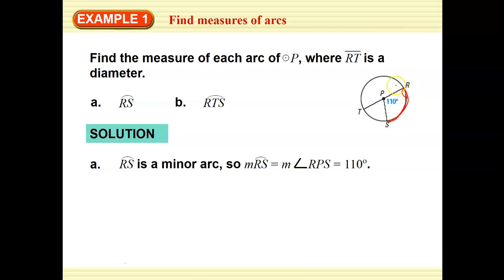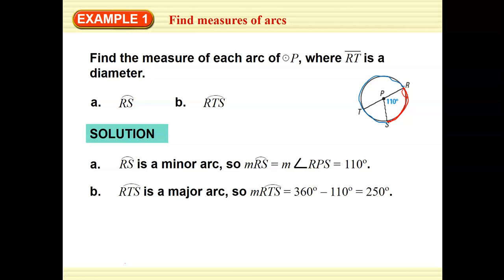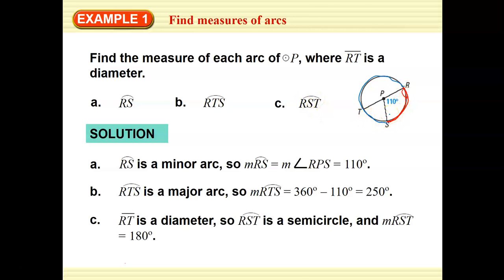So this says we're going from R to S through point T. A circle has 360 degrees, so if the short distance from R to S is 110, the long way around through T should be 250. If it's RST, it's the same letters, but this time it starts at R, ends at T, going through S. So that would be 180.